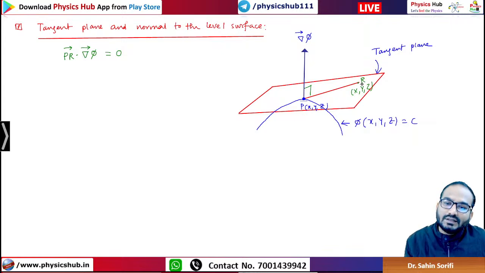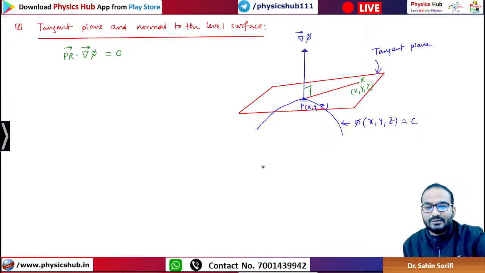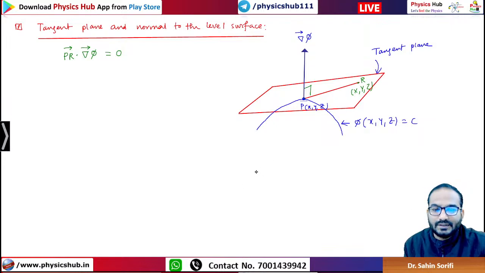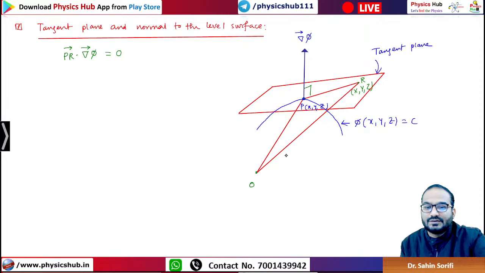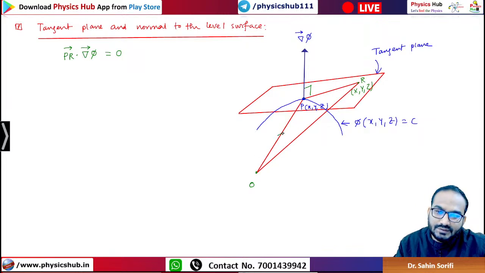Now you consider these are the points P and R. So they are denoted with respect to some arbitrary reference point. So let's say the origin is here. Okay. So the position vector of P is this. Position vector of R is this. You can consider it in this way. So this is the position vector.